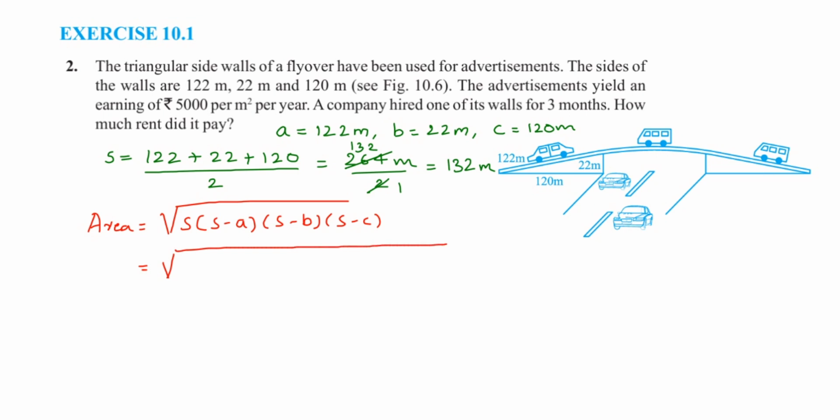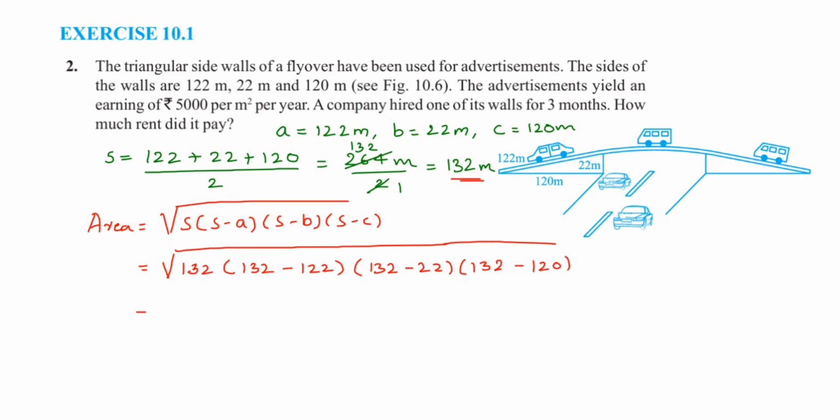S value we found is 132. We can write the units at the end. Substitute the values: 132 minus A, we have taken as 122, times S minus B, so 132 minus 22. Then S minus C, 132 minus 120.